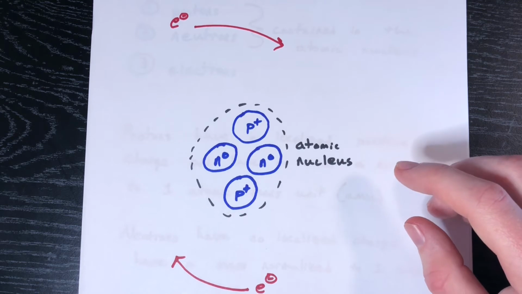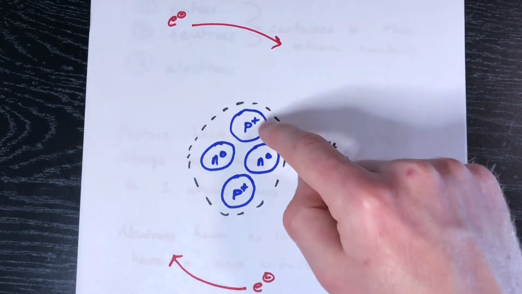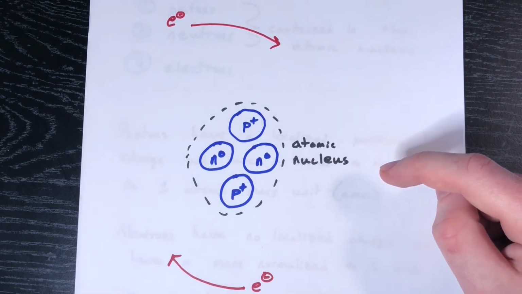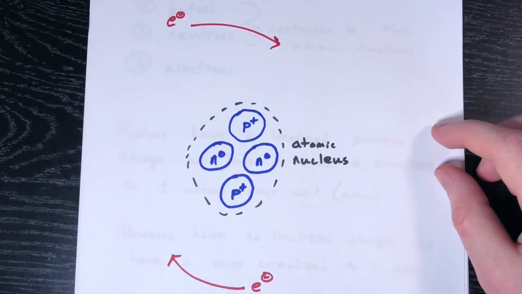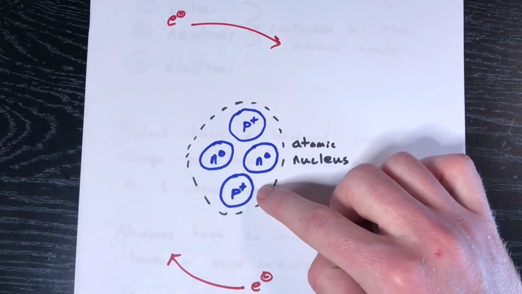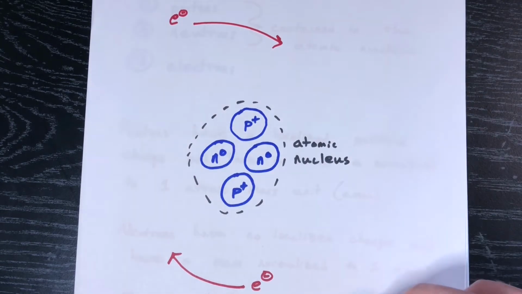The last thing here is we have 2 protons. From that, we can tell exactly what atom it is. Remember that I said the atom is the smallest unit that can distinguish what element we're talking about. So the fact that this has 2 protons in its atomic nucleus tells us exactly what the element is.